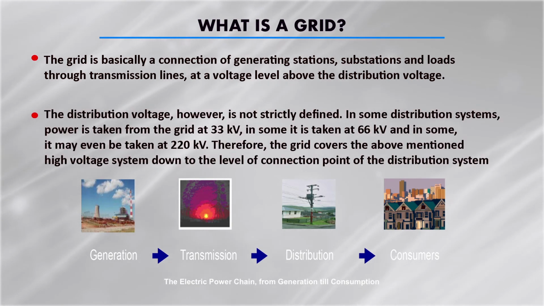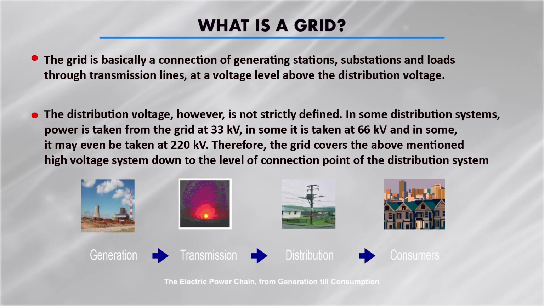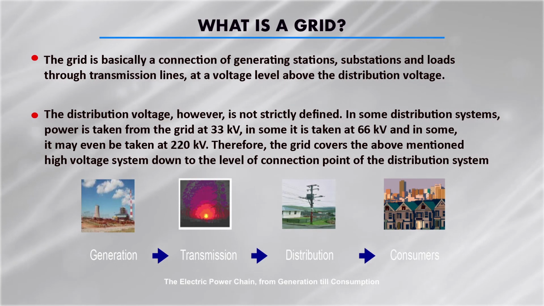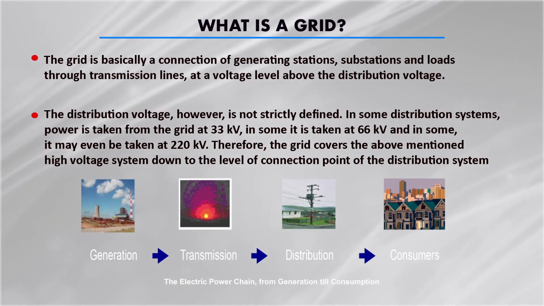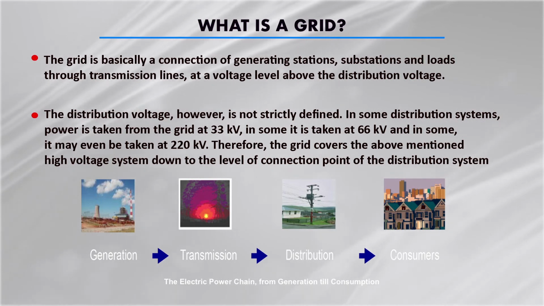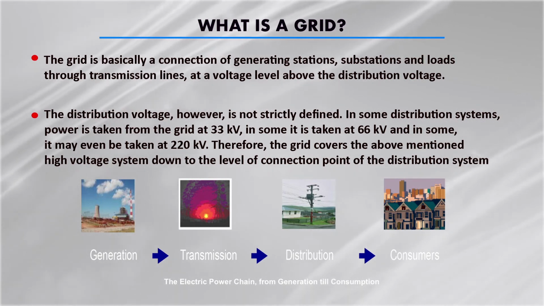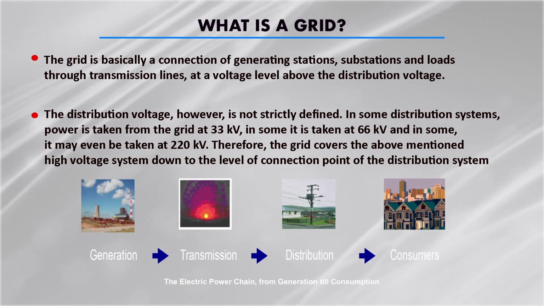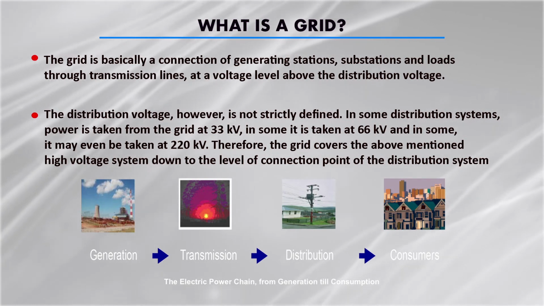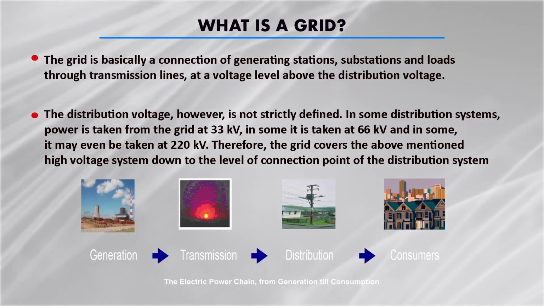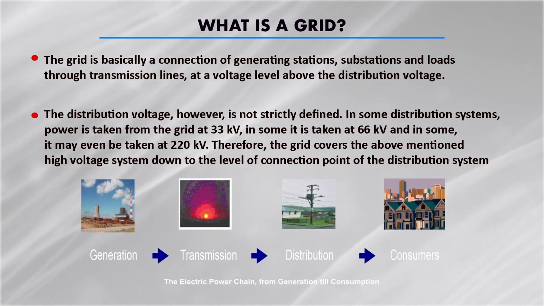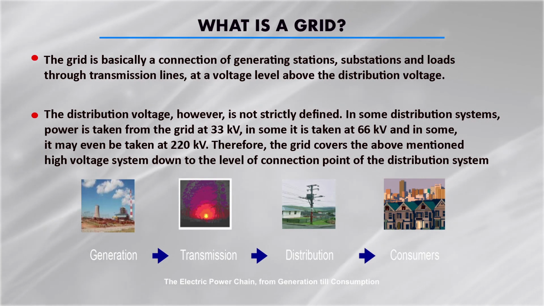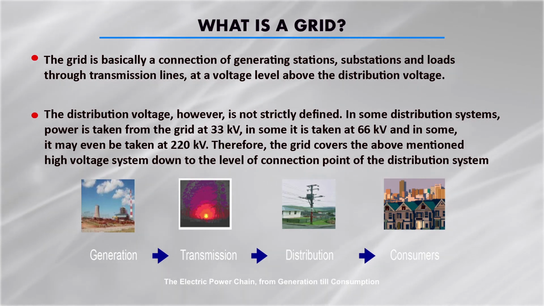It is different for different areas. In some distribution systems, power is taken from the grid at 33 kV, in some at 66 kV, and in some it may be 220 kilovolt. Therefore the grid covers all the mentioned high voltage systems down to the level of the connection point of the distribution system.